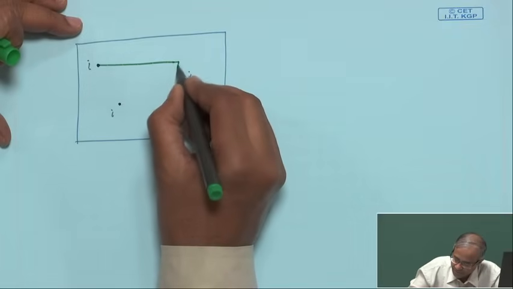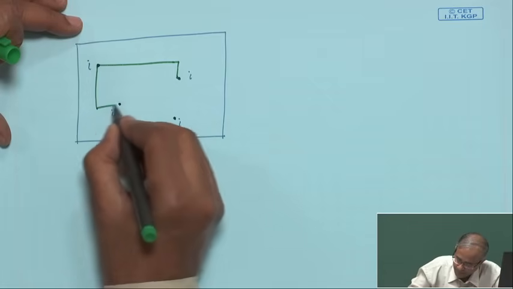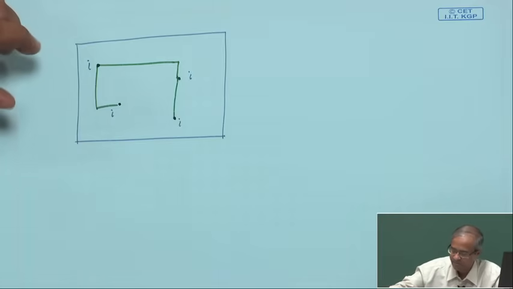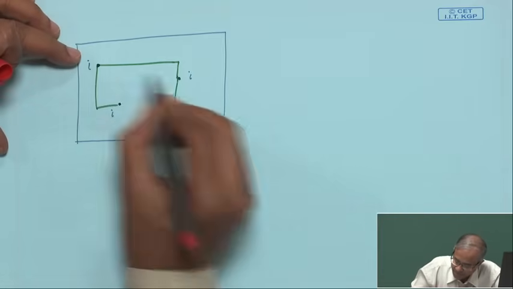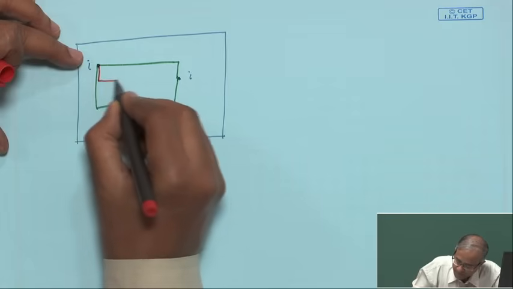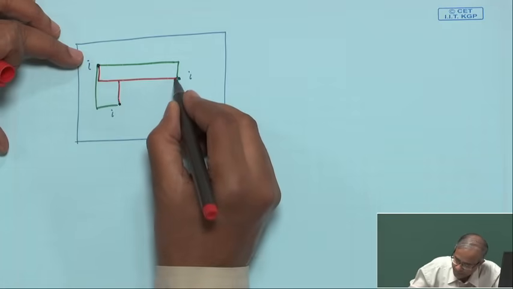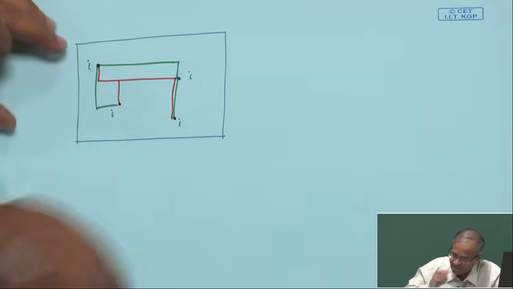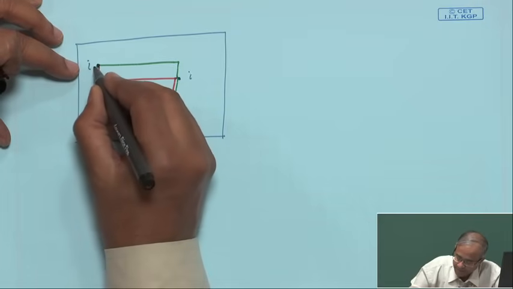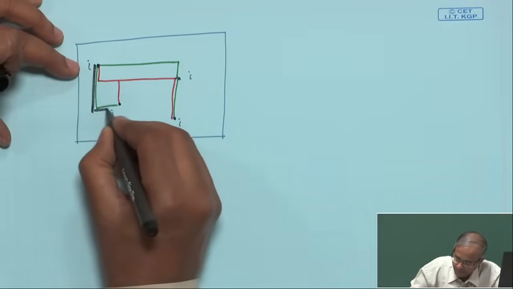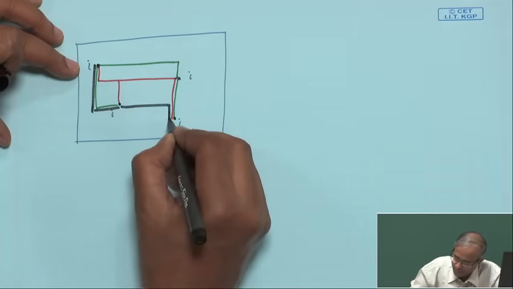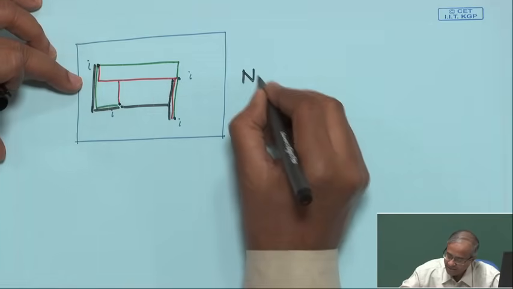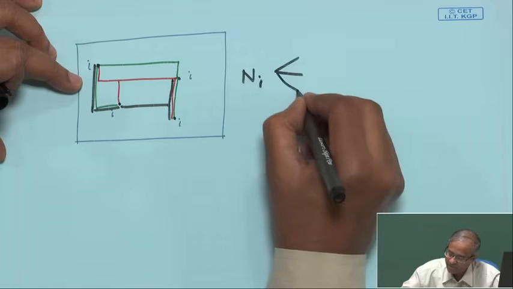One way of connecting them may be like this. This may be one possible connection. Another way of connecting may be like this. Another way of connection may be like this. So, for any net i, there can be several alternatives.